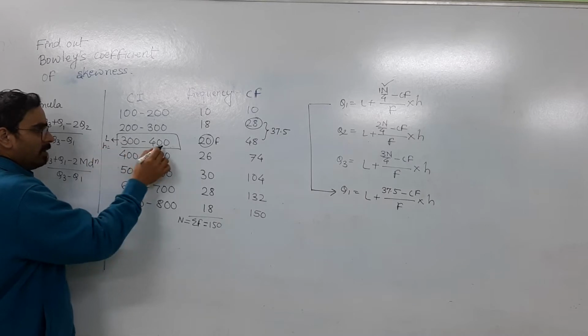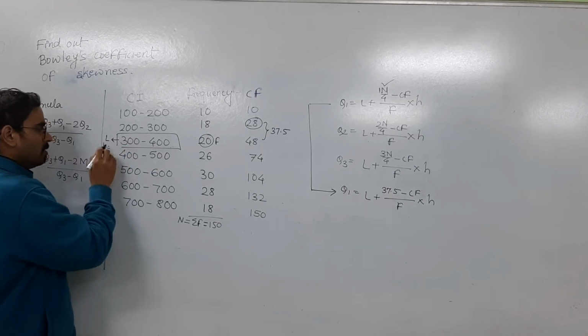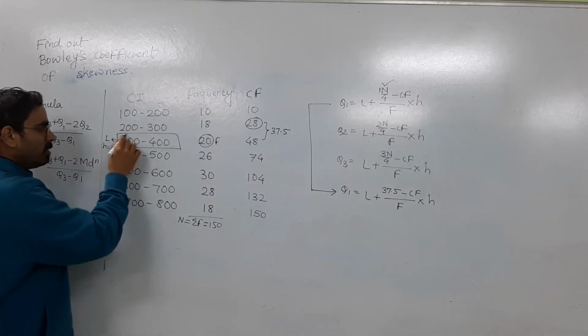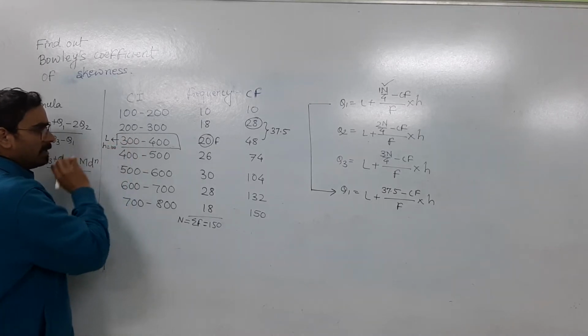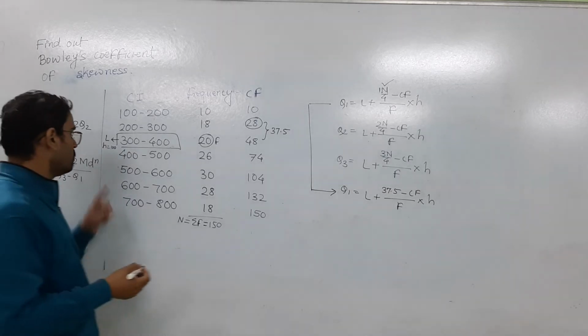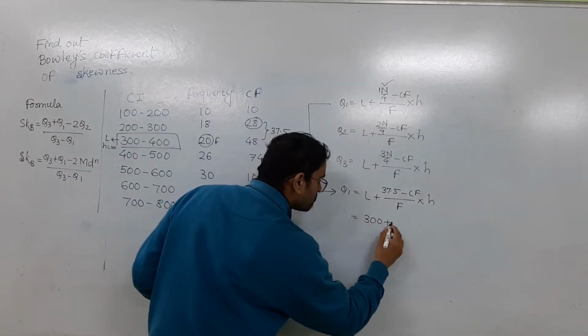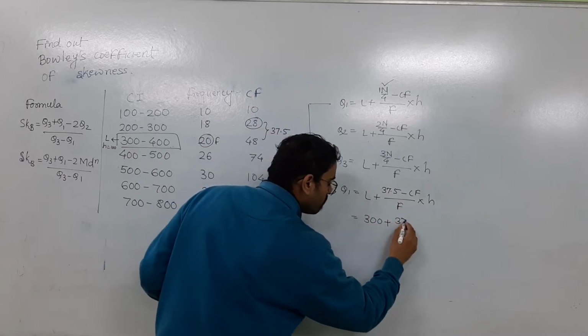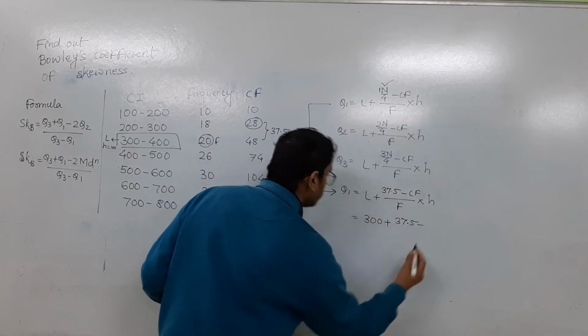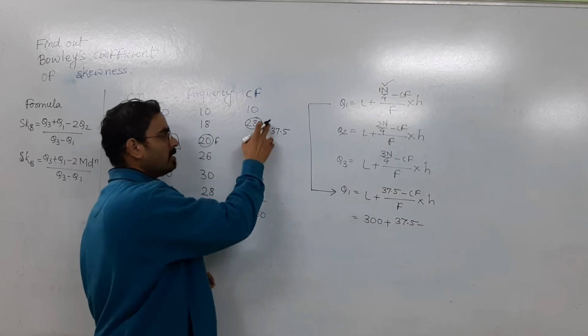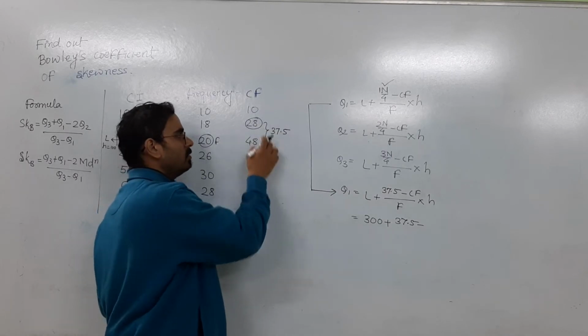H is nothing but the difference between these two values. So that is 100. And L value is the lower value of the class, that is 300. So we got all the values. So L value is 300. 37.5 minus CF, CF is always lower because we are considering it as a middle value in that table.